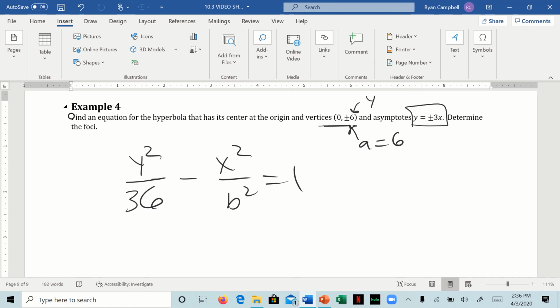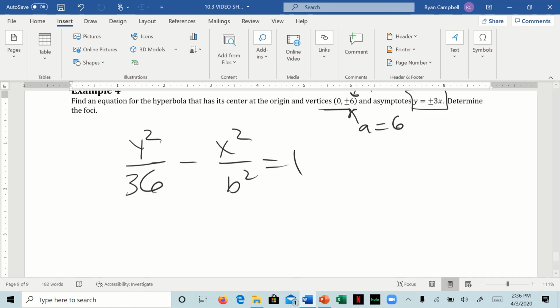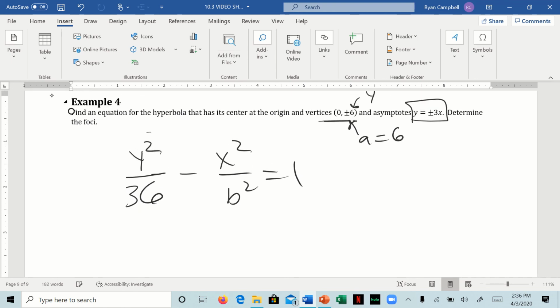We also have the asymptotes. For this one, since y is first, the asymptote should equal a over b, or in this case plus or minus 6 over b. Whatever is under y divided by whatever is under x.